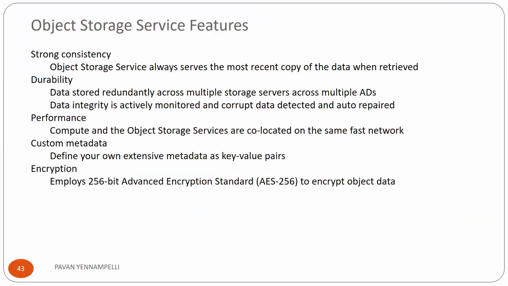Next, what are the features of object storage? The first one is consistency. Consistency in object storage service always shows the most recent copy of the data when retrieved. Suppose I upload a file in the morning and modify it within 5 to 10 minutes.